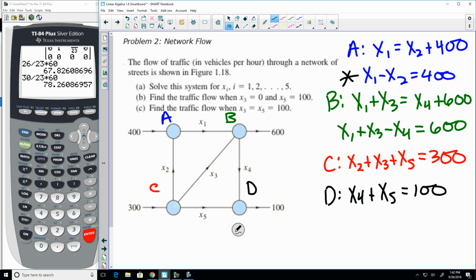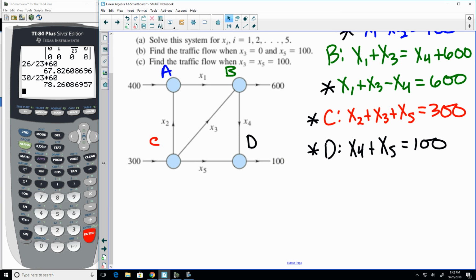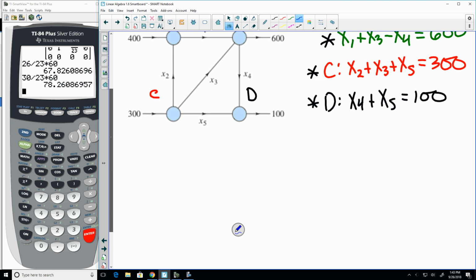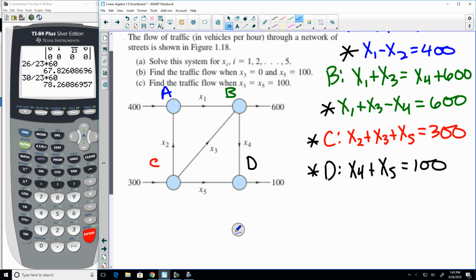So we're going to use these equations to make our matrix, to make our system. Part A says to solve it, so we've got to set up our matrix. I'll set up the matrix first, because we already have the equations there.